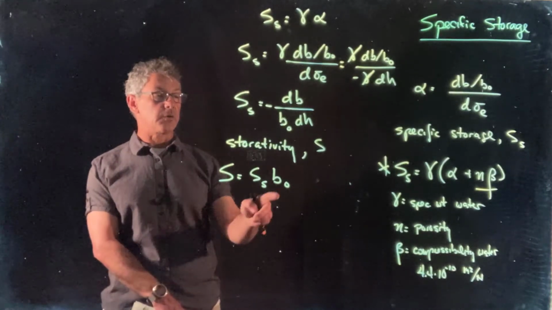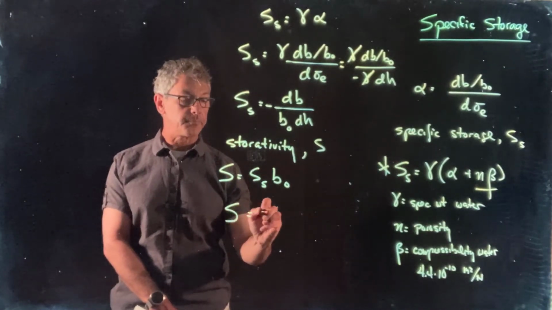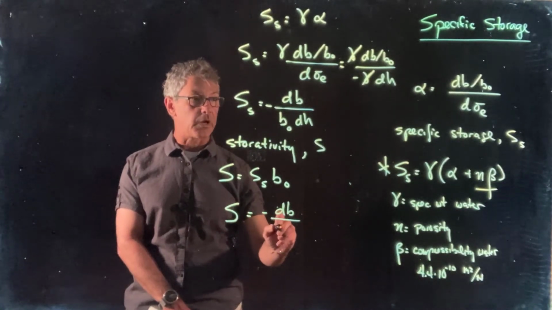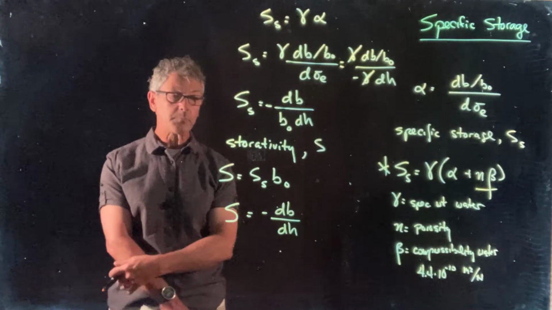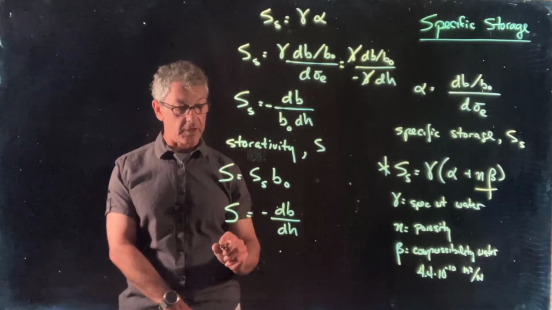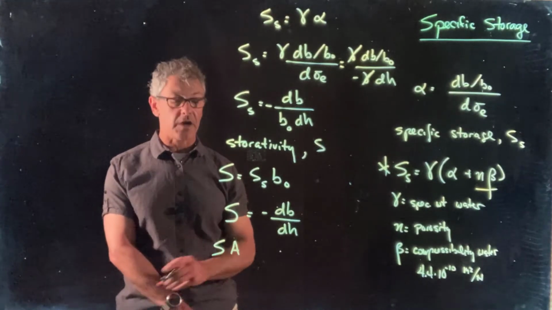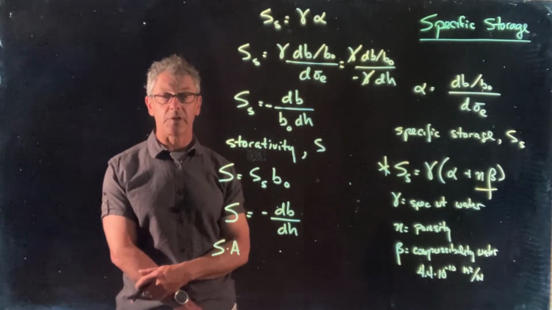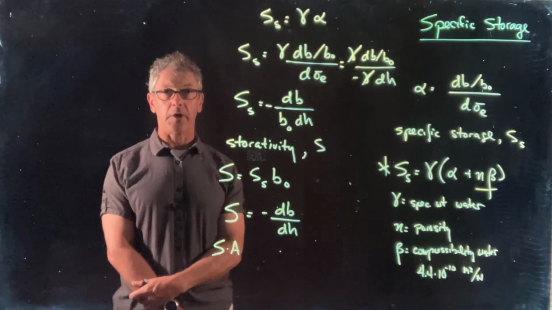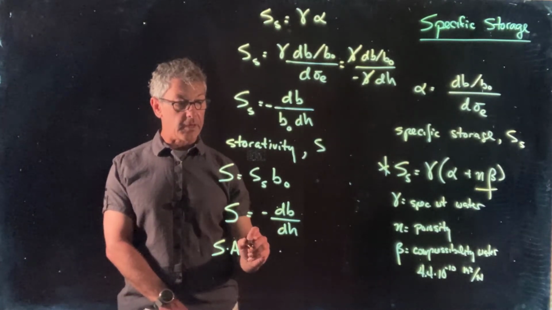All right. So now that we have this, we can bring this B naught over the other side, and now we have storativity is equal to the change in the thickness of the aquifer divided by the change in head. So if we multiply both sides times area, and by that I mean some area of the aquifer that we're working with, just like we had when we had our plane for the balance of forces, we picked some arbitrary area to work with.